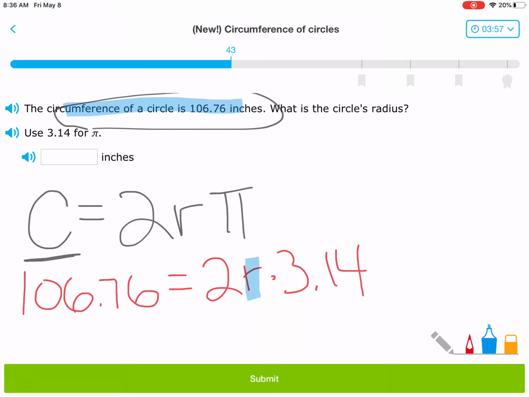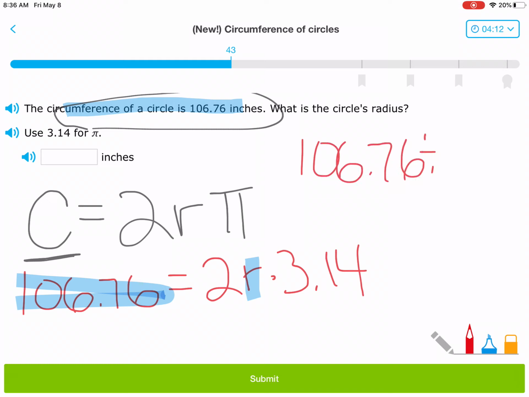So this is like solving an equation. And I have 2 times the radius times 3.14. So you're going to take 106.76 and divide it by 2 and then divide it by 3.14, and that will give you R by itself.